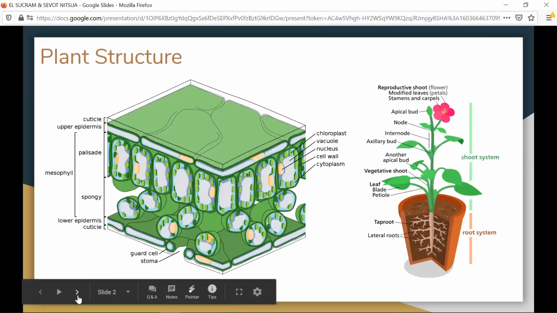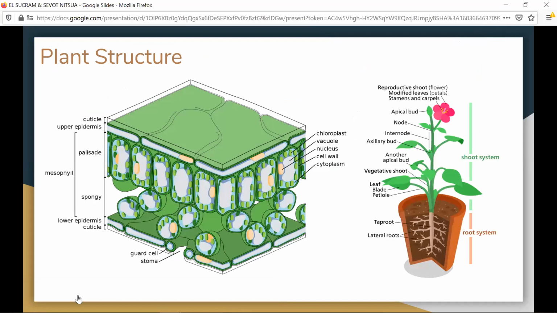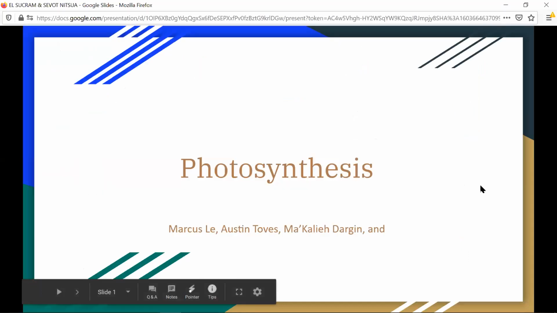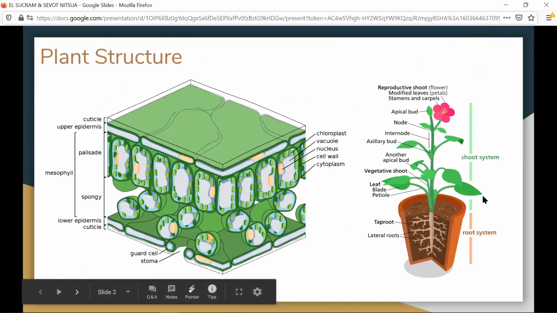Now, let's talk about plant structure, because before we can understand the reactions and the processes of photosynthesis, we need to understand how water gets to the places it needs to be, because you need water for this entire reaction. So if you look on the right, if you can see my cursor, we have two parts, the root system and the shoot system. If you remember from your freshman bio class, the root system is the roots, the shoot system is everything above the dirt line.